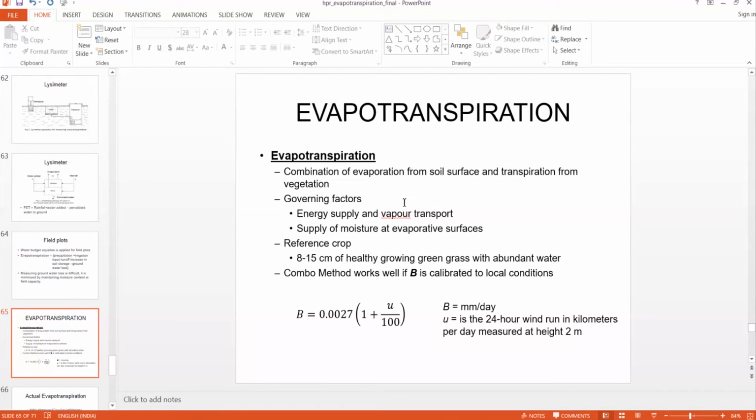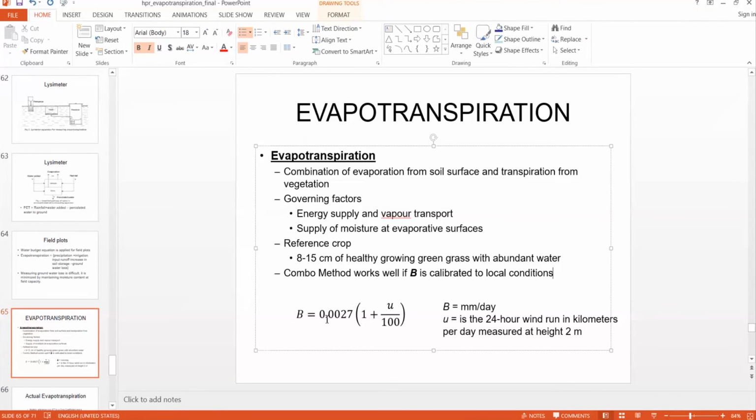For evapotranspiration, we can use the combined method, also analytically to calculate evapotranspiration. In that, we have the energy balance method and the aerodynamic method. In the aerodynamic method, we have a constant B. When we use this combined method for calculating evapotranspiration, B is calculated with this formula.